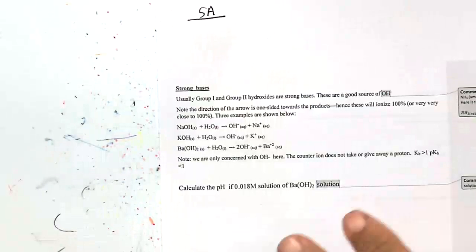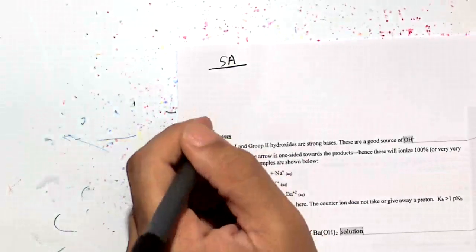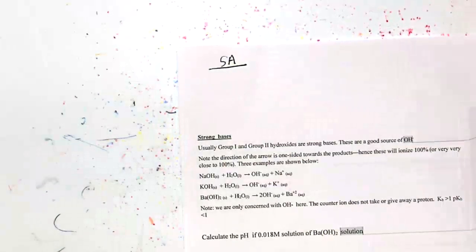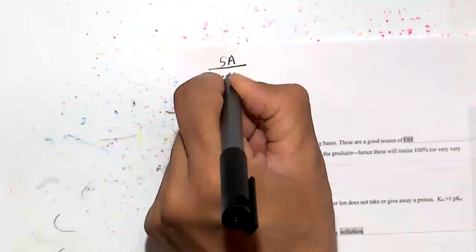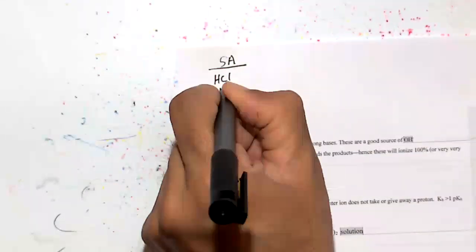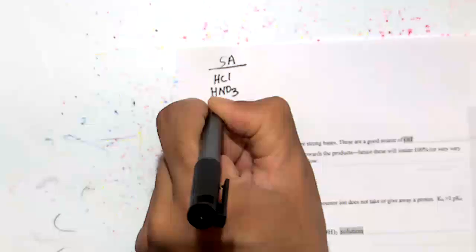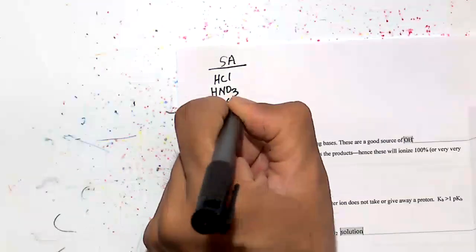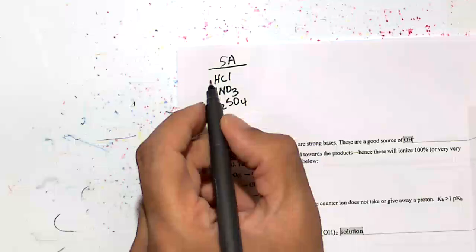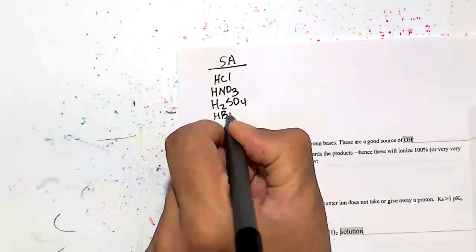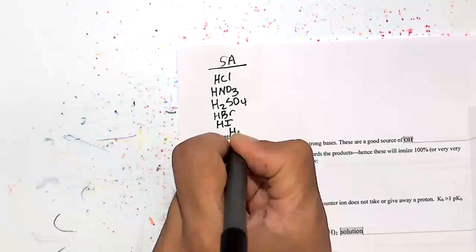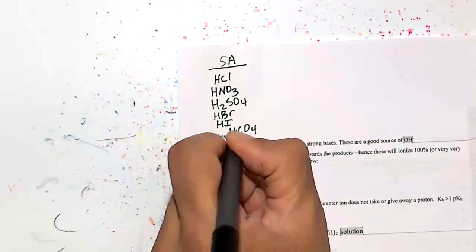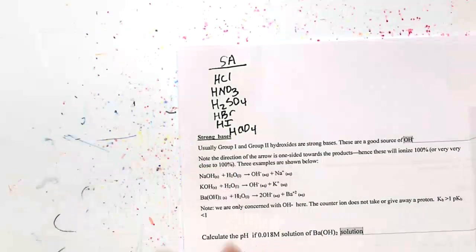So let's review here. What are our strong acids? 6 of them. Can you name them for me? Hydrochloric acid, perchloric acid, nitric acid, sulfuric acid, HBr, the halogens, HClO4. Okay, perchloric acid.